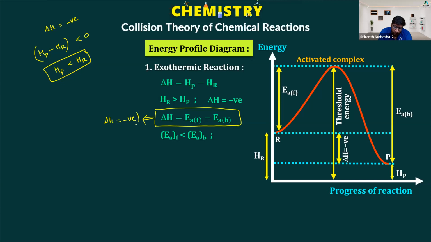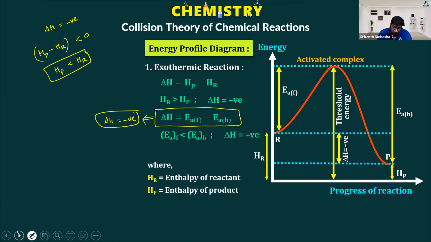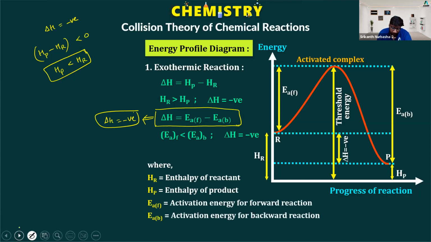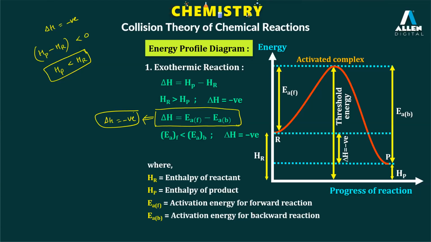Delta H is again negative from the graph, and with respect to activation energies also we can understand. HR is the enthalpy of reactant, HP is the enthalpy of product. Activation energy for forward, EAF, activation energy for backward, EAB. The same thing we have understood in the previous class as well. Yes or no? Yes, right.